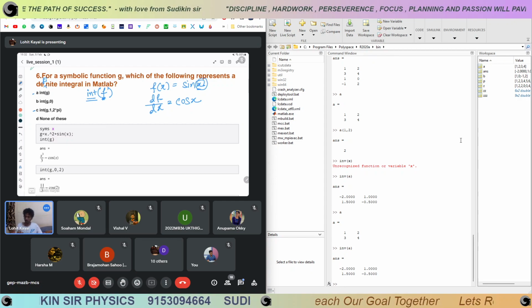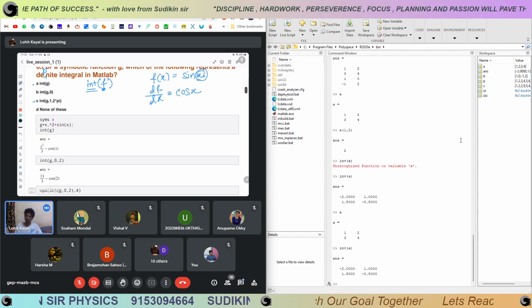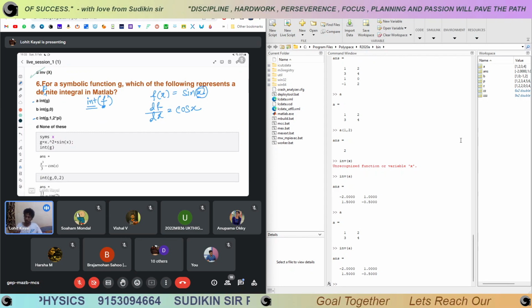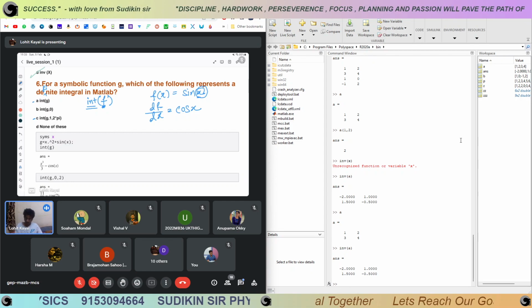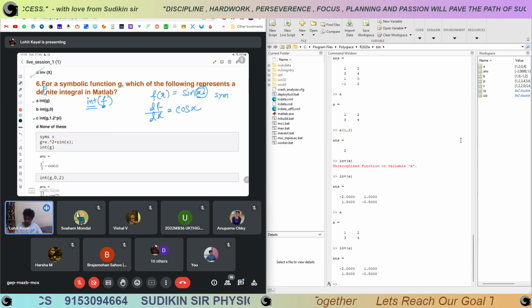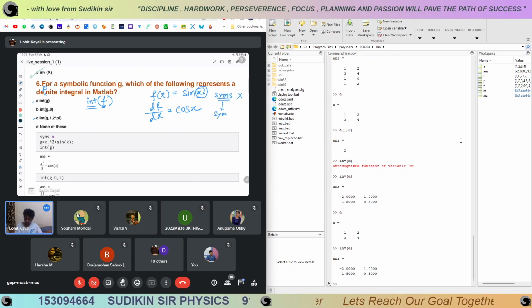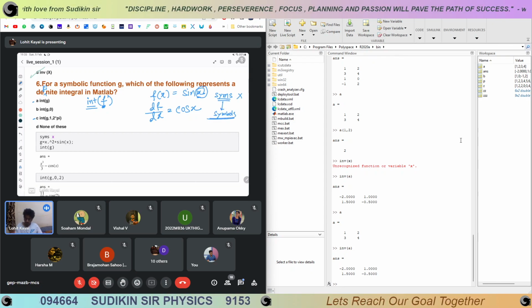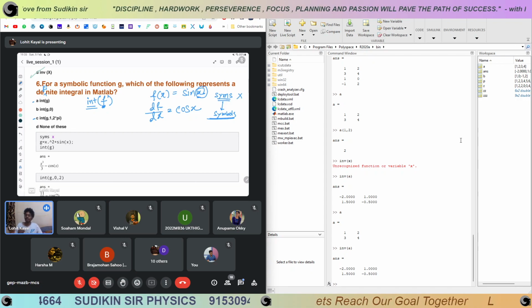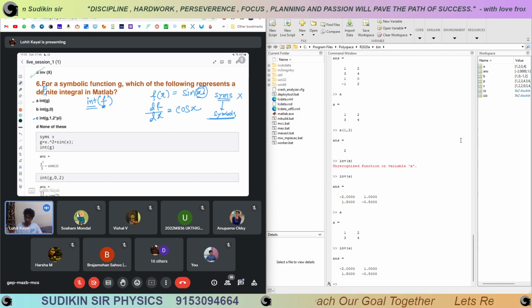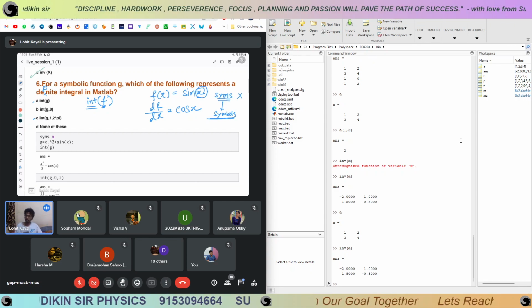Now in MATLAB, to let MATLAB know that x is a symbol, x is a variable, it is not any number, I have to define it like this: syms x, which indicates symbols. This way I am defining that x is a variable, not a number, and then I can proceed with any other information.